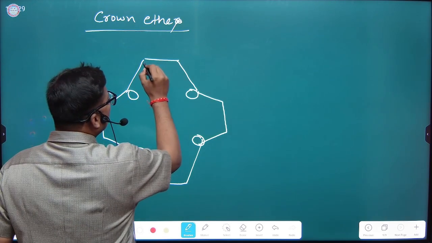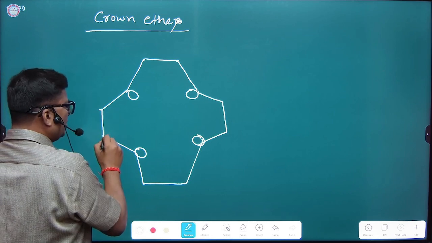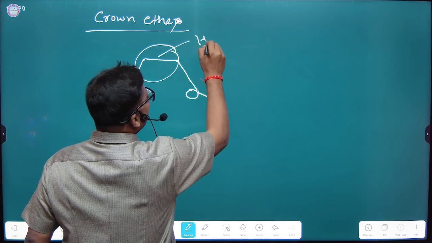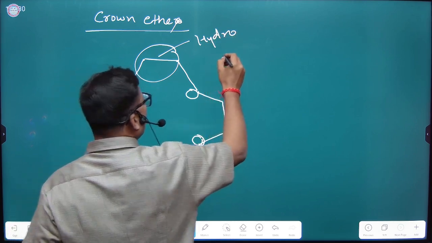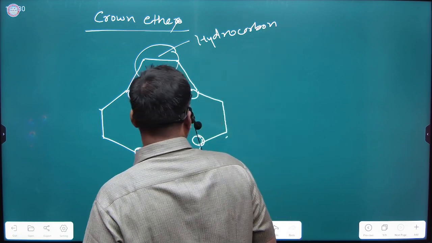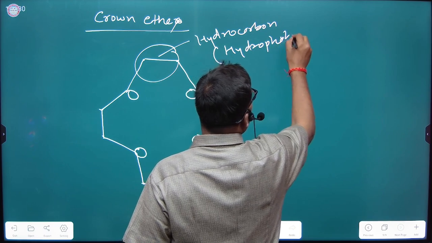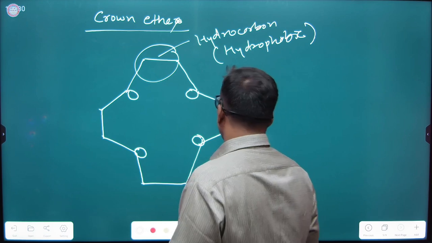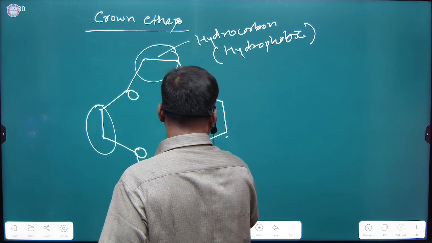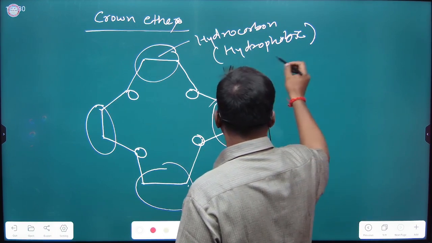This corner is CH2, this corner is also CH2, this is also CH2, CH2, CH2, CH2, CH2. They are hydrocarbon parts, which are hydrophobic in nature. All the exterior parts of the ring have hydrocarbons, which are hydrophobic in nature.